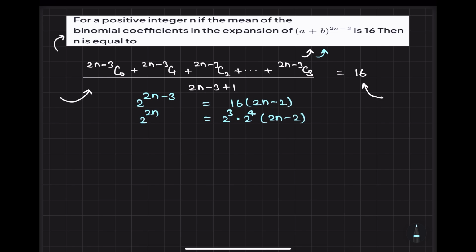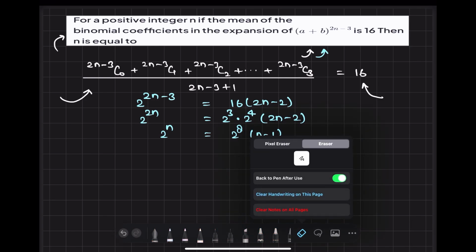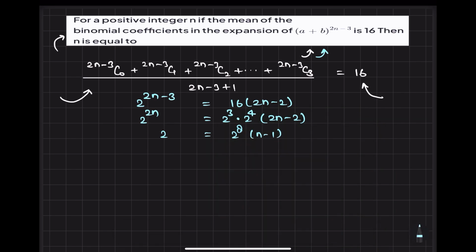Okay. Now look at this part. So can I take 2 common? So it will become 2 power 8 into n minus 1. So here also 2 power 2n. Okay. Here also 2 power 2n.